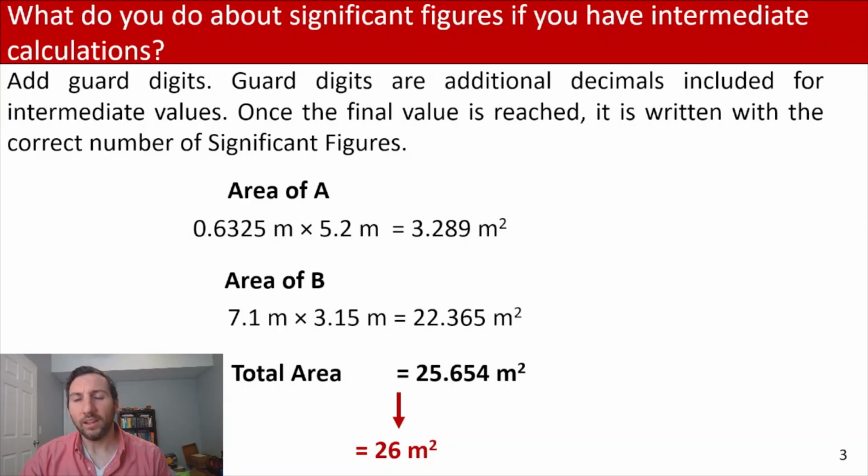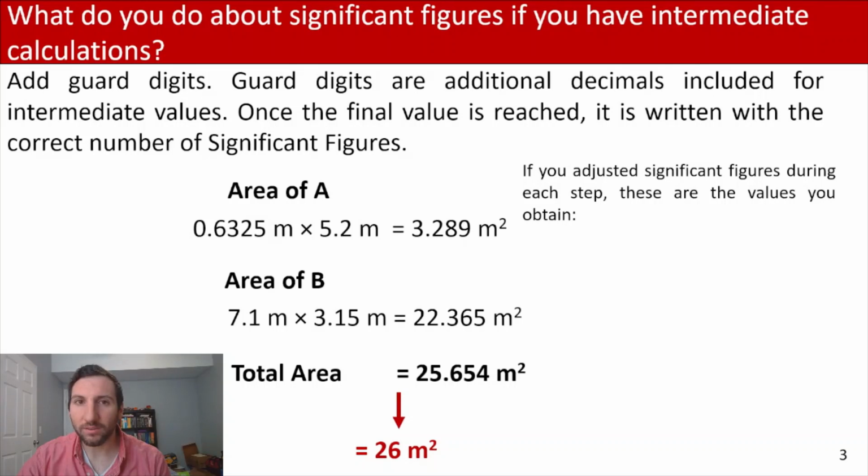Now, let's say I actually kept the correct number of significant figures every step of the way. What happens? In area of A, instead of 3.289 square meters, we'll actually have 3.3 square meters.